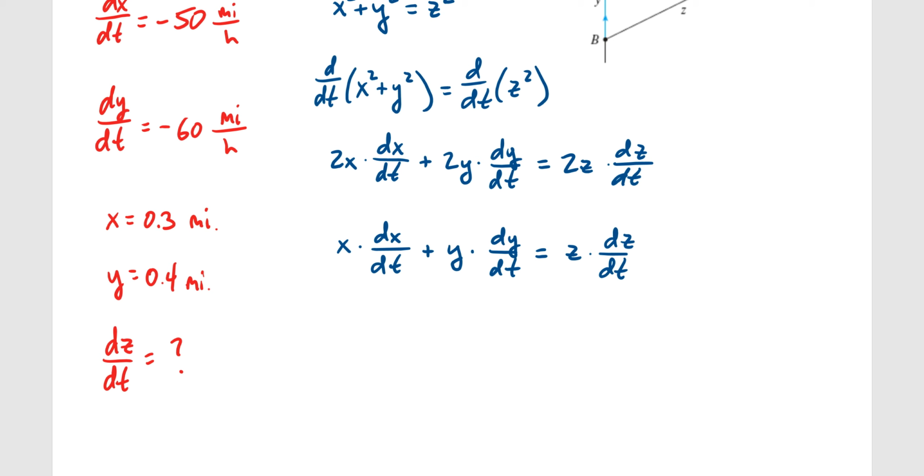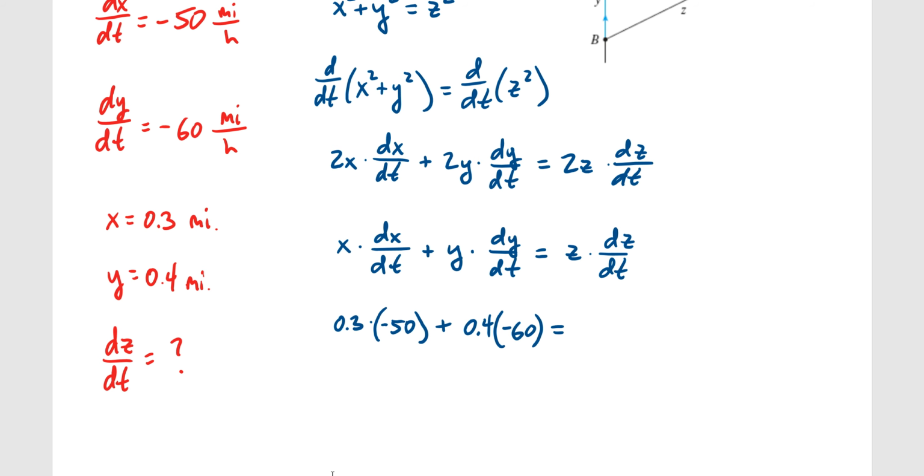Okay, let's go ahead and plug in. Here are all of our givens on the left. x is 0.3, dx/dt is negative 50, plus y, which is 0.4, and dy/dt is negative 60, equals z dz/dt. We're looking for dz/dt, that's our unknown, but we don't have z.